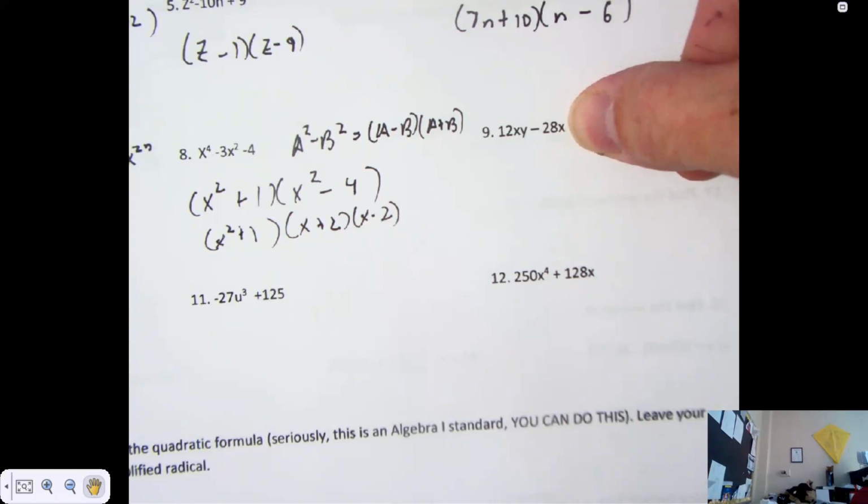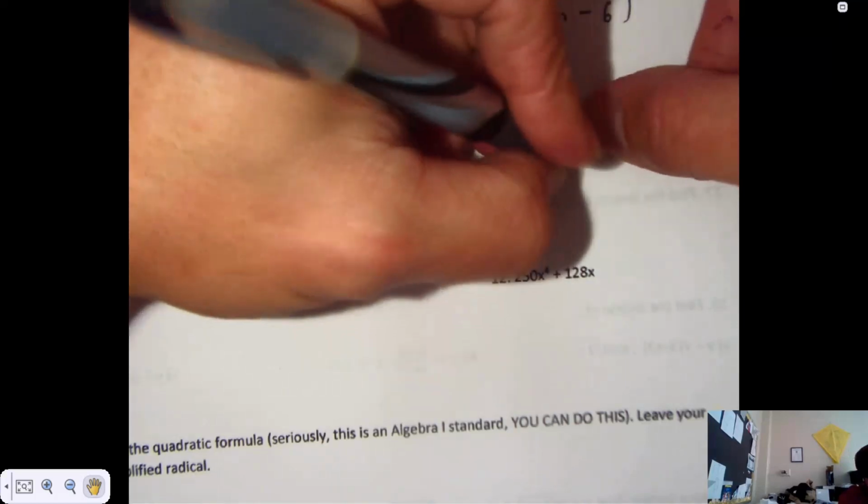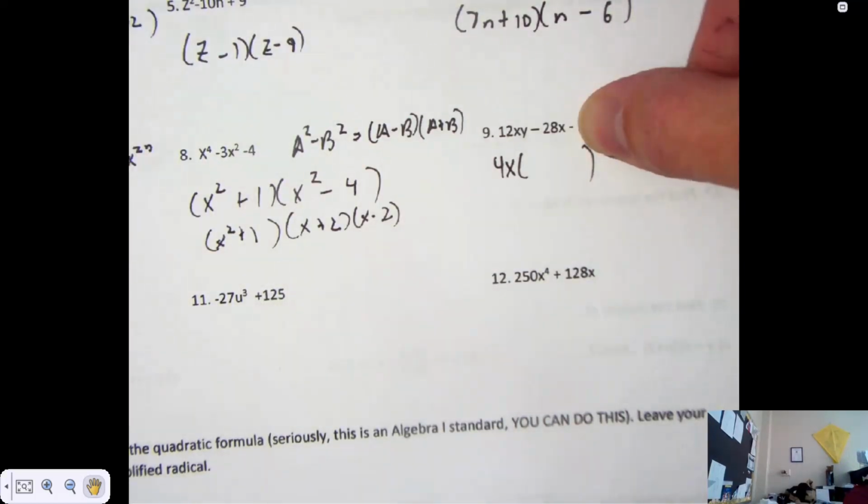What can you pull from a 12xy and a 28x? A lot more than x. A lot of 4. Pull 2. If you can pull a 4, you can pull a 2. Why not pull the 4? Can't pull an 8.